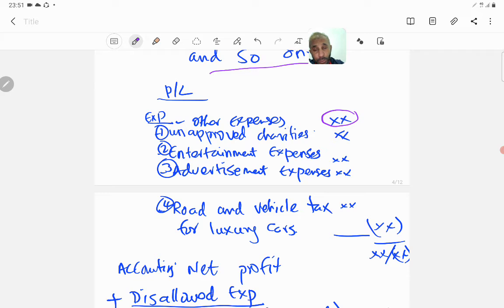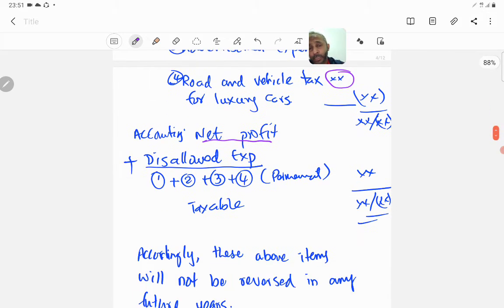I may have other expenses. Apart from other expenses, I have unapproved charity expense, entertainment expense, advertisement expense, and also road and vehicle tax for luxury cars. So these expenses I will subtract in arriving at the accounting net profit. Remember, please note that this is accounting net profit.